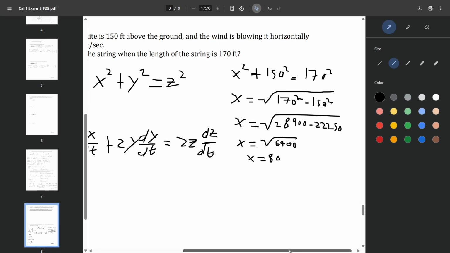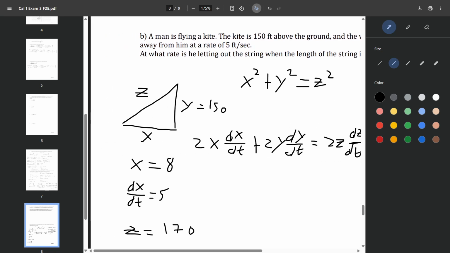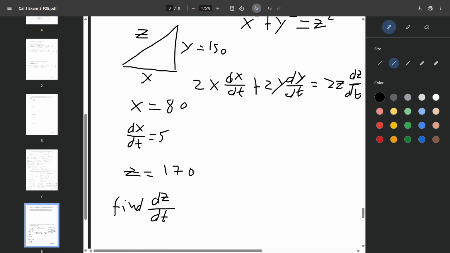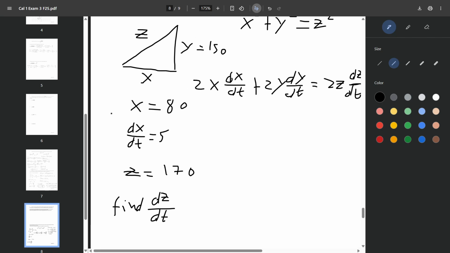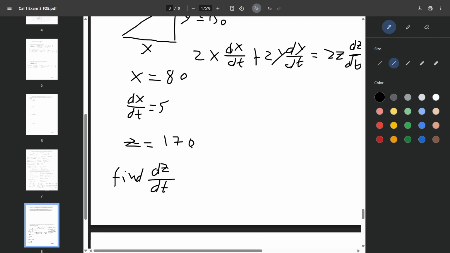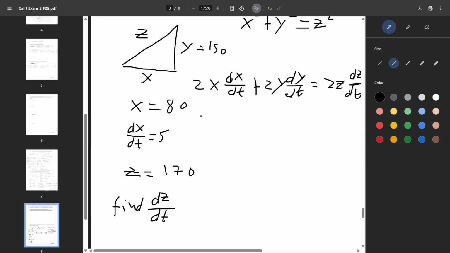So our x is equal to 80 in this case. Yes, almost forgot, we haven't labeled y yet. Sorry about that. In this case, y will be equal to 150.